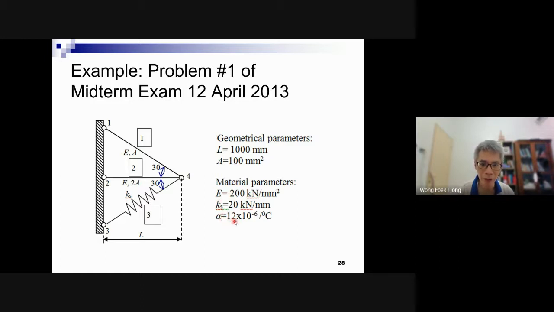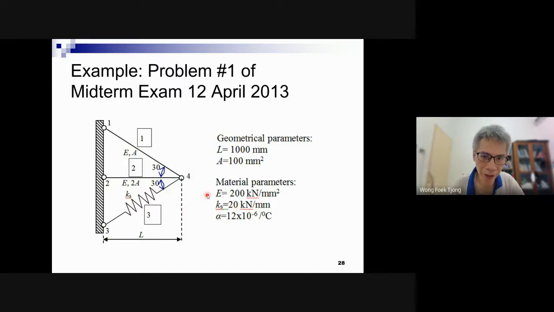Actually, alpha is the coefficient of thermal expansion, 12 times 10 to the power of -6 per degree Celsius. Ks is the spring stiffness or spring constant, 20 kilonewton per millimeter.